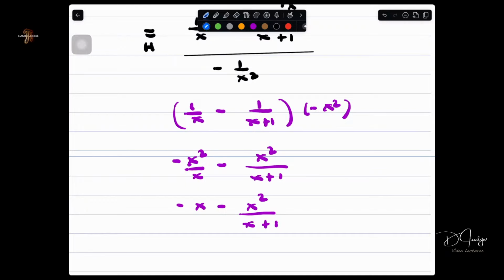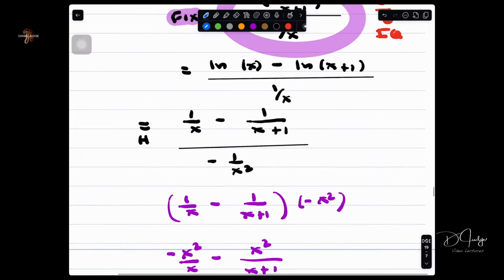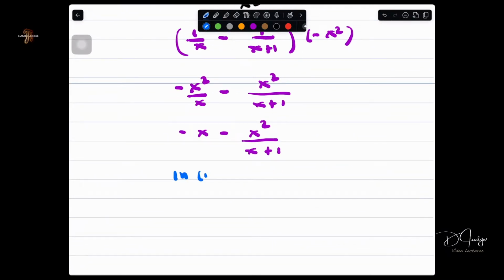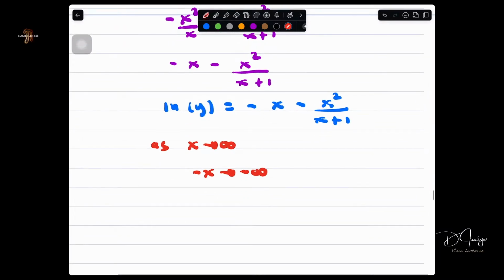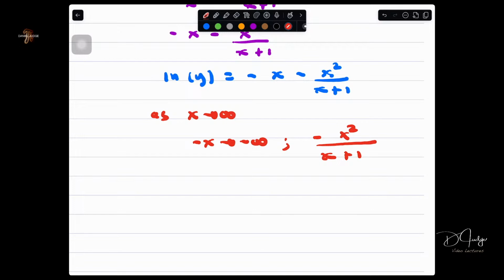All right. So what this means is the natural log of y is negative x minus x squared over x plus 1. So let's see what happens to the limit as x goes to infinity. We know negative x goes to minus infinity, and the second term, negative x squared over x plus 1, is going to go to minus infinity as well.